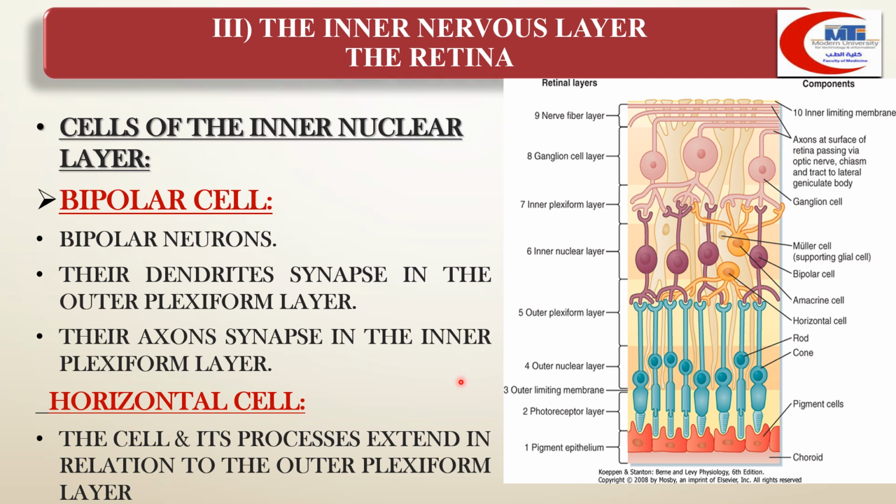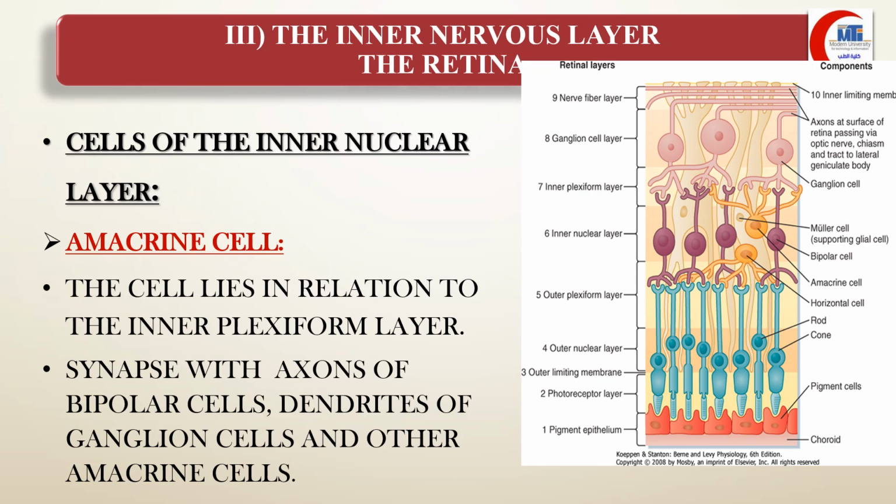The horizontal cells, the association neurons, synapse with the rods and cones in the outer plexiform layer. Amacrine cells are also association neurons; they synapse with bipolar axons and dendrites of ganglion cells in the inner plexiform layer.